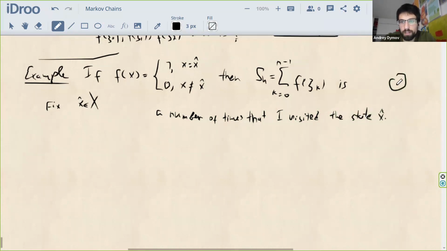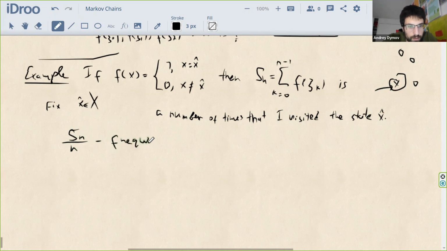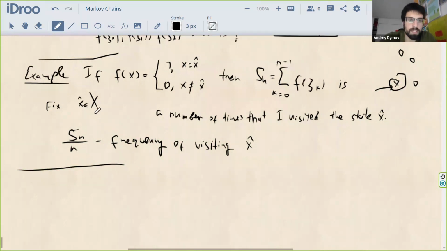So here I have the state x hat, and I just compute the number of times I arrived there. And then Sn over n is the frequency of visiting the state x hat. So you see, indeed, the introduction of this function helps a lot to consider some natural objects.